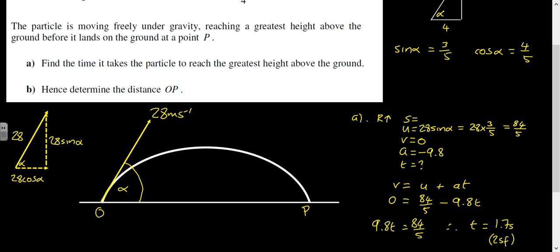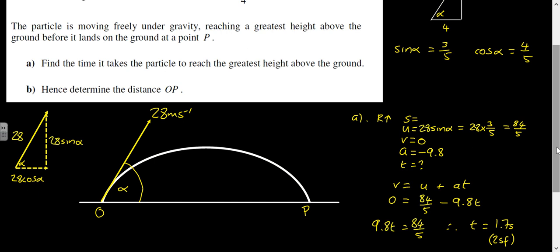Remember, we use two significant figures to round because our acceleration, 9.8, that we use has also been rounded to two significant figures. So that's the time taken for the particle to reach the greatest height above the ground.